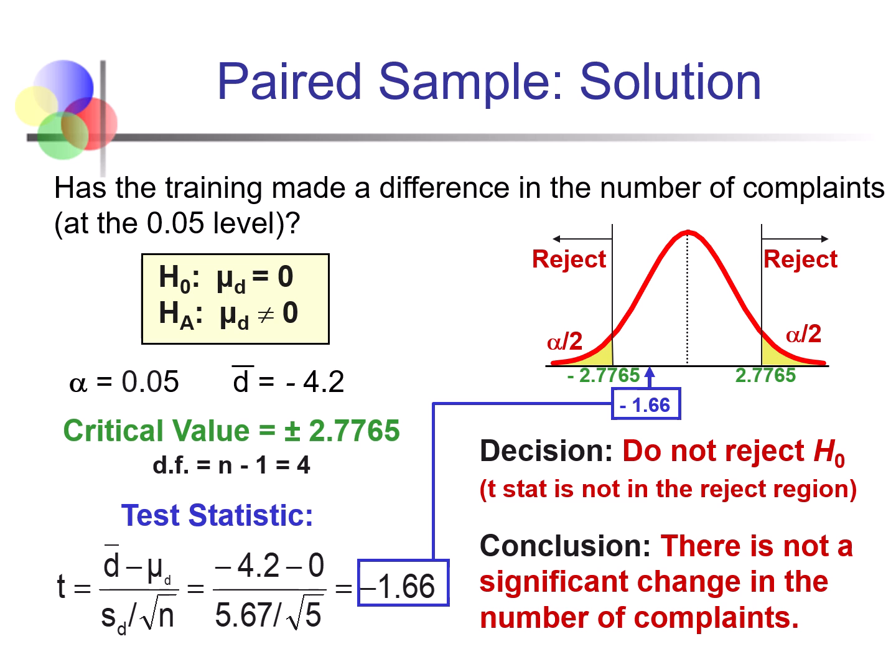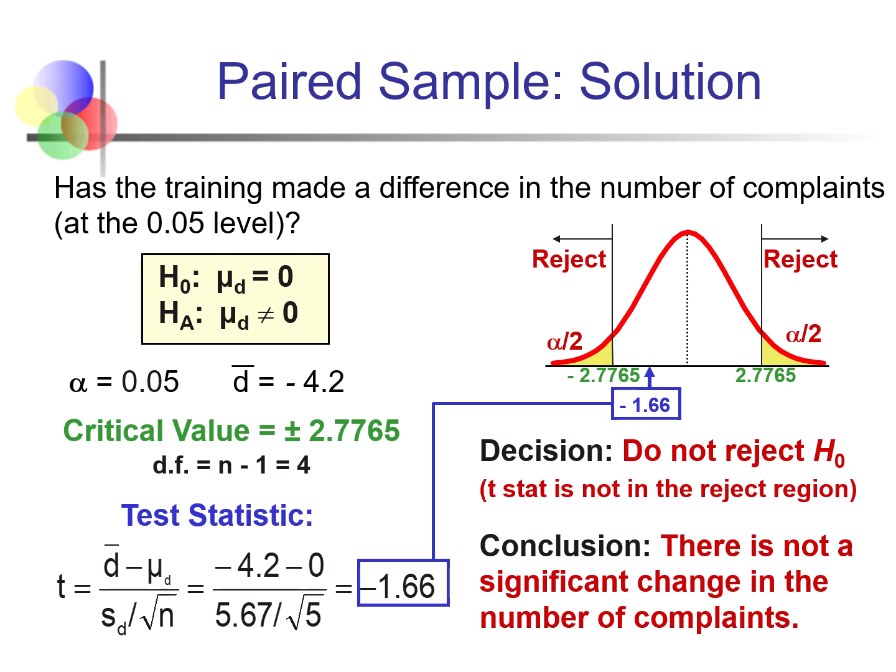Next, we substitute SD with 5.67, which comes from the previous calculations, and the square root of n is the square root of 5, because the number of salespersons is 5. And finally we get the t statistic, which is minus 1.66.